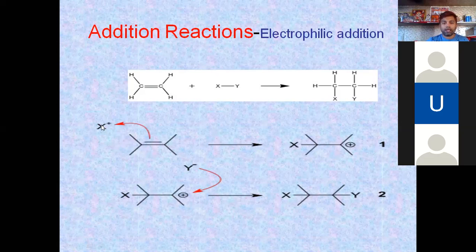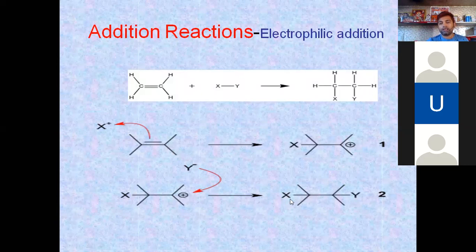So X will form a bond with this carbon, and this is the carbocation, the electron deficient center. This is the nucleophile, and it will attach to the carbocation, the electron deficient carbon. So in the second step, both these species get added to the carbon-carbon double bond.